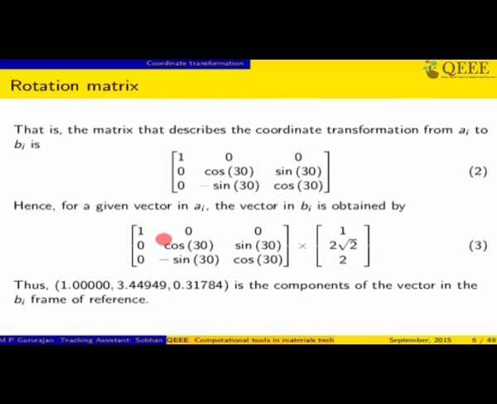You multiply the cos 30, sin 30, minus sin 30, cos 30 values, and you will get these numbers as the components of the vector in the Bi frame of reference. Coordinate transformations of this type are done very regularly in many materials problems.